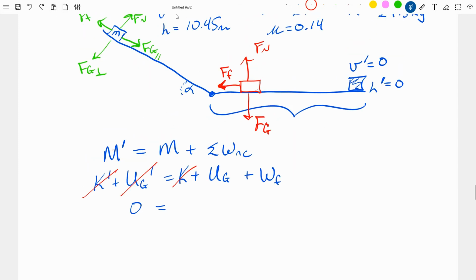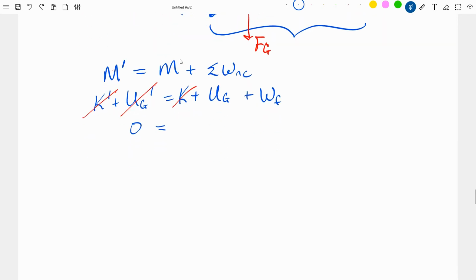There is a complexity coming up, though, and I'll get there. In fact, I'll do this first. So let's just do U gravity plus the work done by friction. Okay, now here's the complexity.